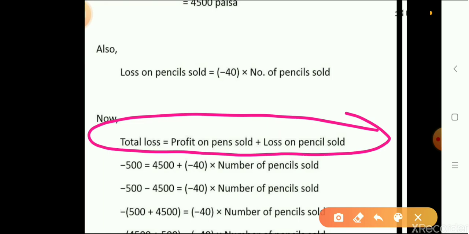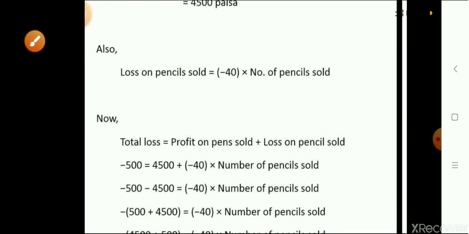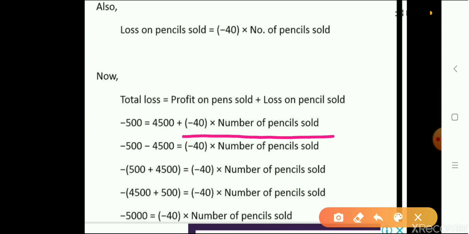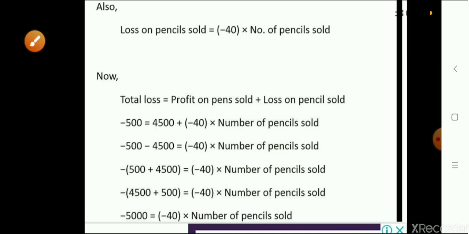So it will be minus 500 is equal to 4500 plus minus 40 into number of pencils sold. This we have calculated earlier and we will put it as it is because we don't know the number of pencils sold. Now we will shift this 4500 to the other side, and when it is shifted the sign will get changed.